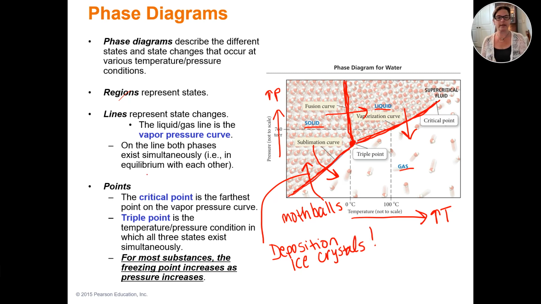Oh, a couple other things. Sorry, critical point, forgot that one. So your critical point is right here. And you'll notice that this one leg of the Y just stops. And then there's this whole area where you're kind of a liquid, kind of a gas.